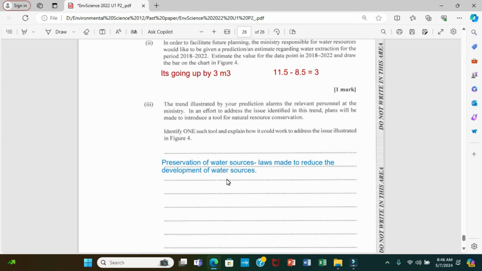Of course, when that happens, these companies would not pump water to the homes every day. They might give it once per week, or twice per week. But if they have unlimited water, they would pump a lot of water continuously, maybe 3 times a week, 4, 5, 6, 7 times. So the government can step in and put in preservation laws and policies.